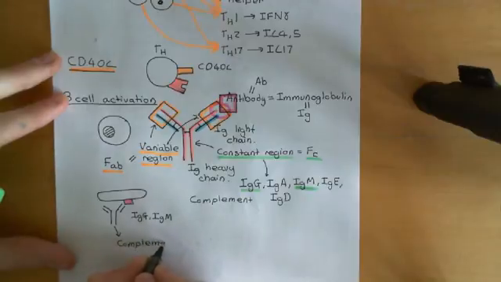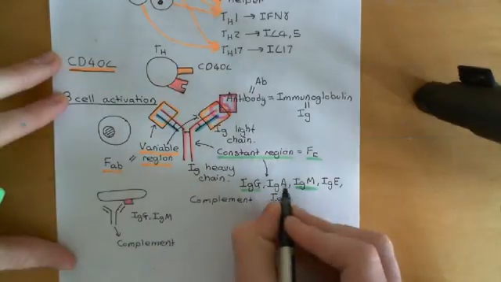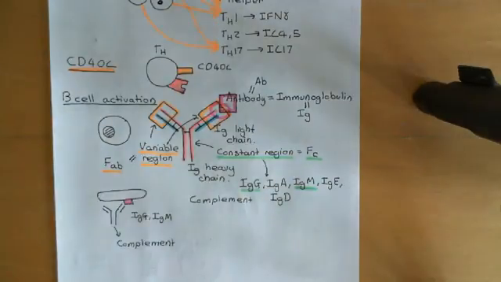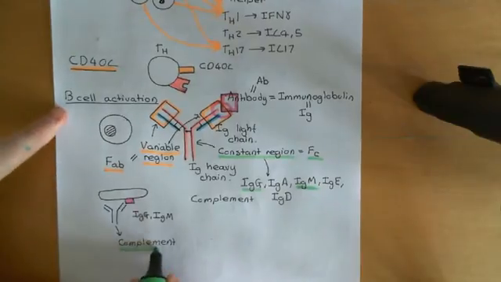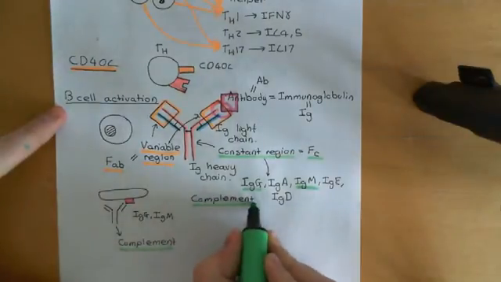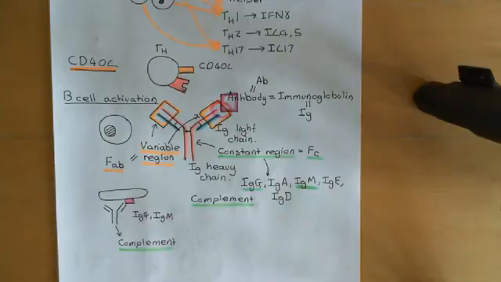Whereas some of the other constant regions corresponding to these other types of immunoglobulin molecules are not capable of activating the complement proteins nearly as well. That's what I mean by these different types of antibody molecules having different functions.